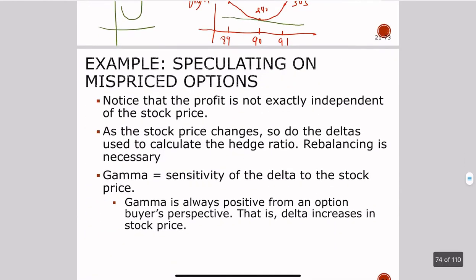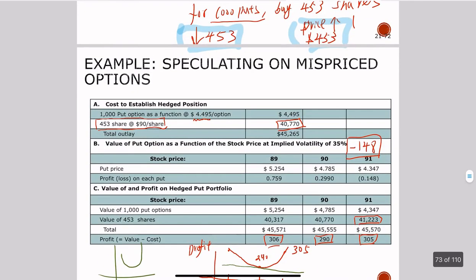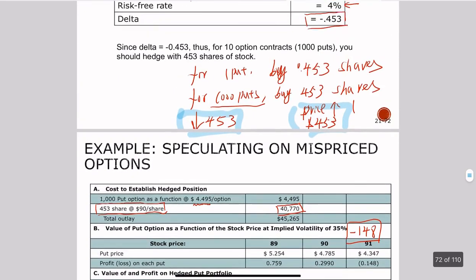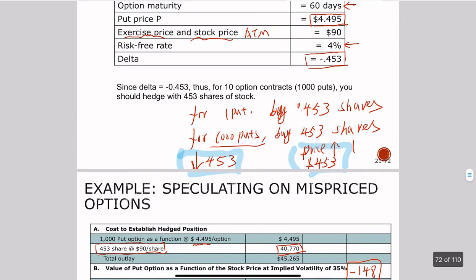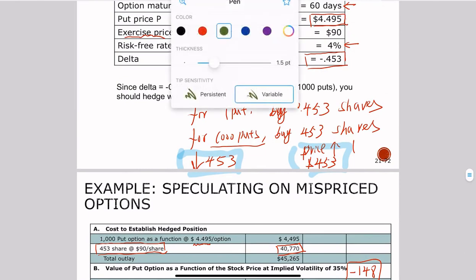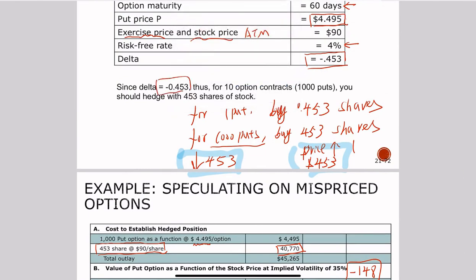So the reason is because as stock price changes, delta also changes. Hedge ratio also changes. So if you want to perfectly hedge, you have to do some rebalancing, right? That is, if the stock price is $90, then the hedge ratio is minus 0.453.